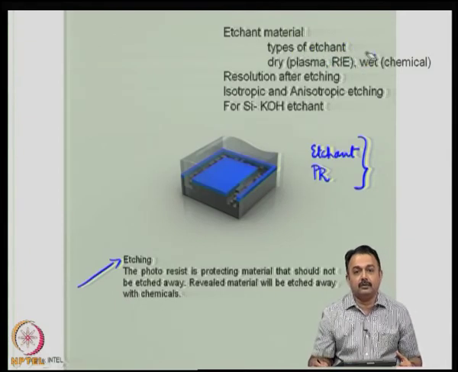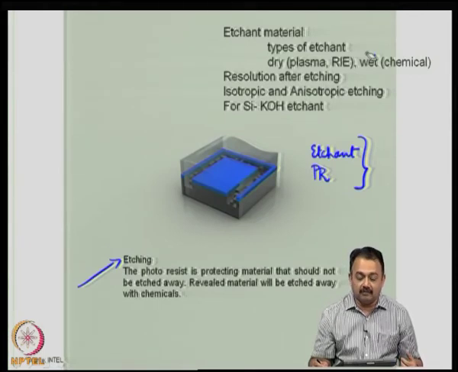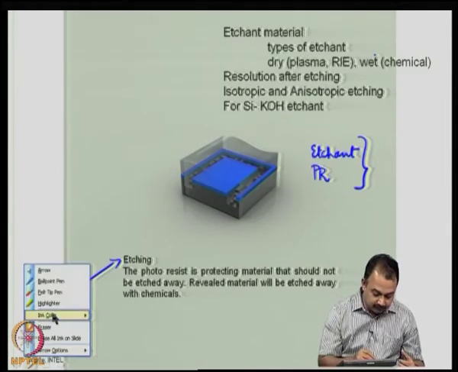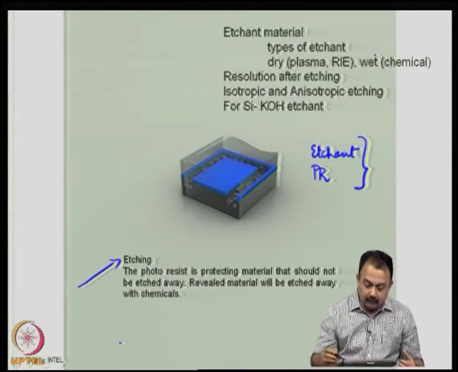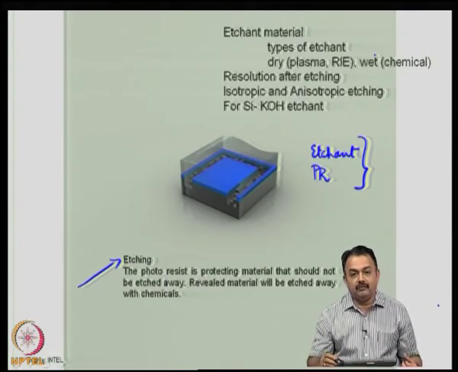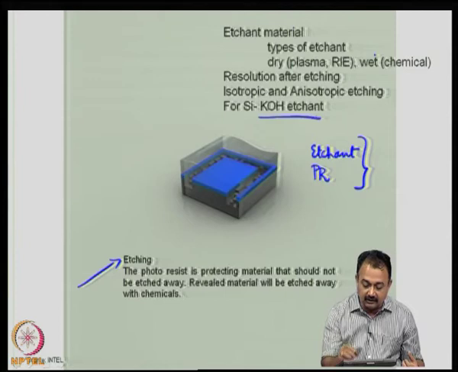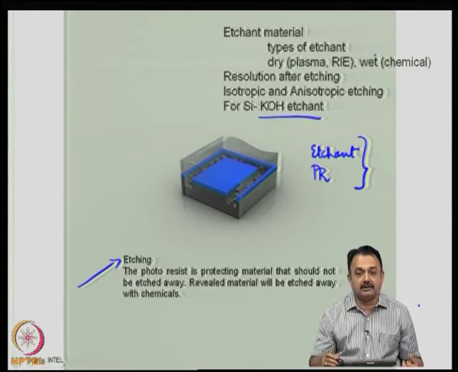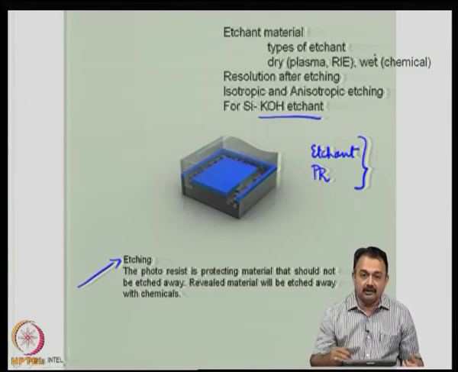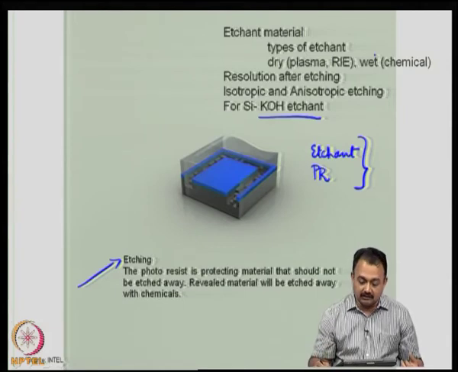You can also do dry etching, which is basically plasma etching or reactive ion etching. Typically, we use wet etching, that is by chemical. For example, for silicon, potassium hydroxide KOH is the etchant. There may be other etchants for different materials, even in the same semiconductor fab process.